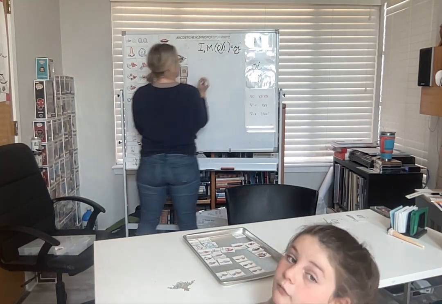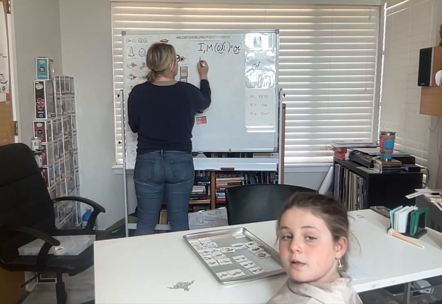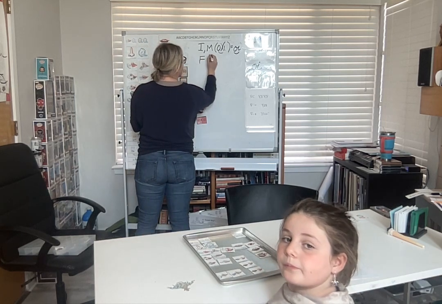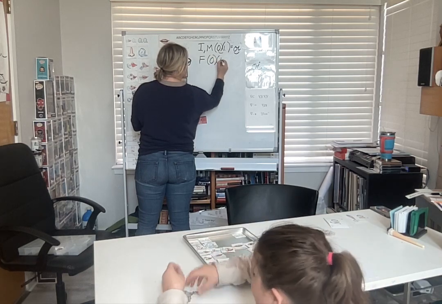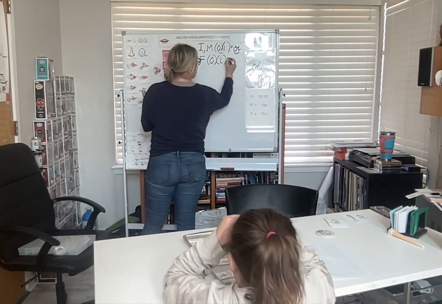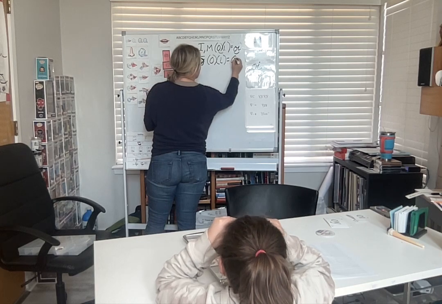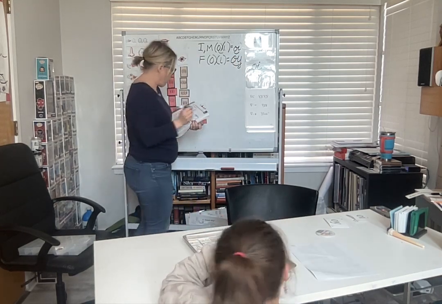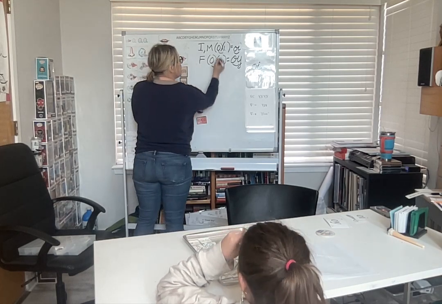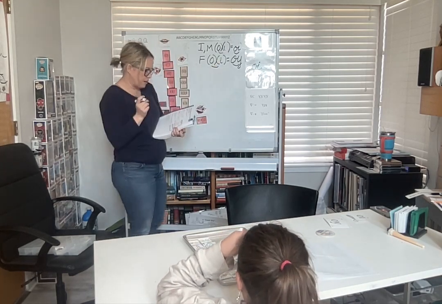Arc, diphthong, o-i. In the final position, when we hear oi, how do we spell that sound? O-y. Arc, diphthong, o-y. And we always arc our diphthongs.